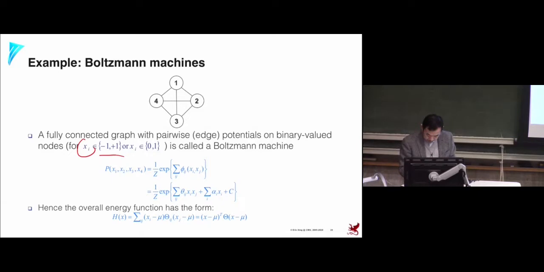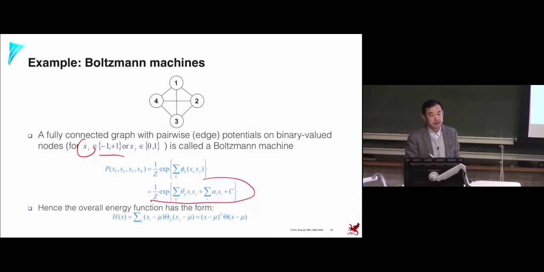And then we are going to define the potential only on pairwise potentials and the singleton potentials. In fact, all pairwise relationships between random variables. Okay, therefore you are going to sum over all the pairs. Okay, and this is called the Boltzmann distribution.